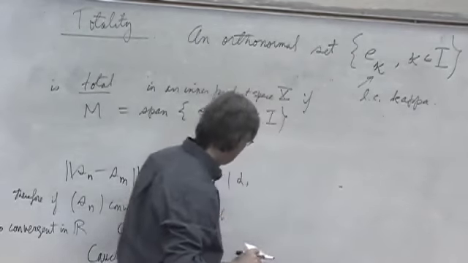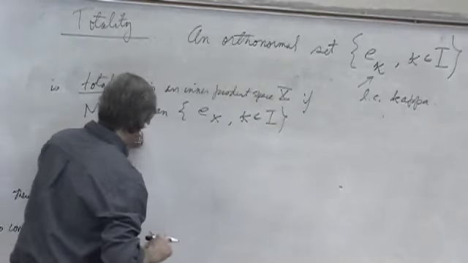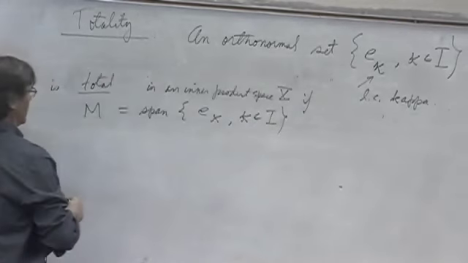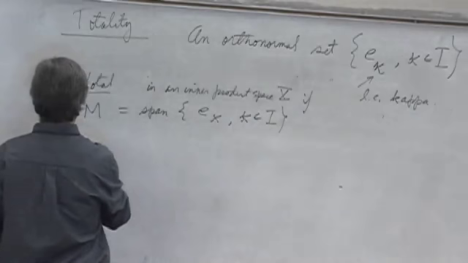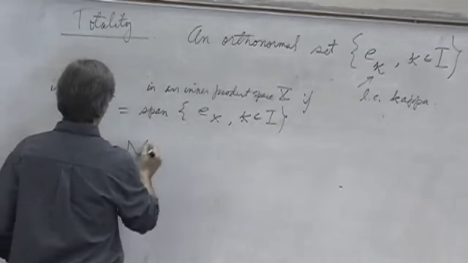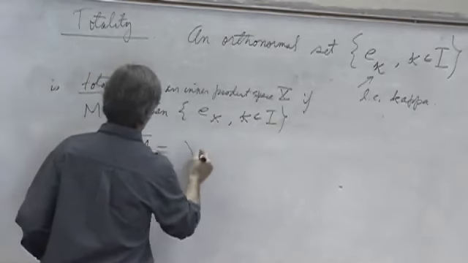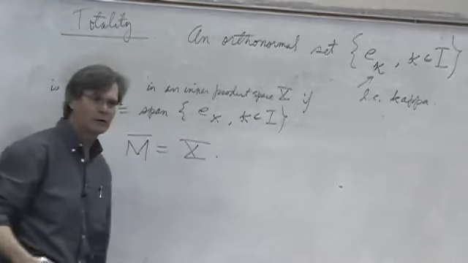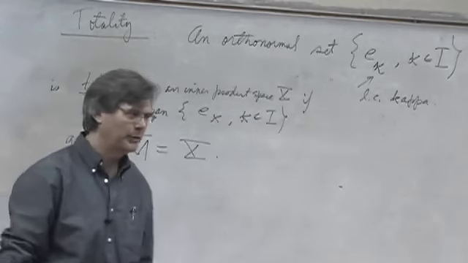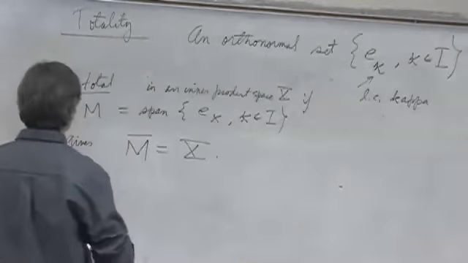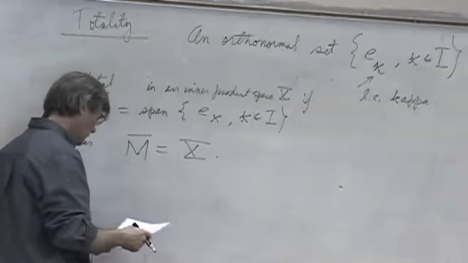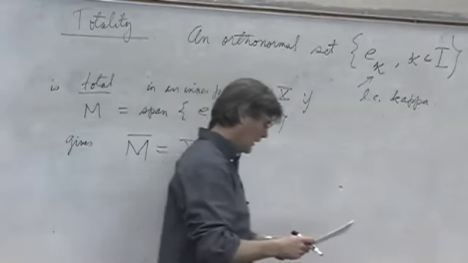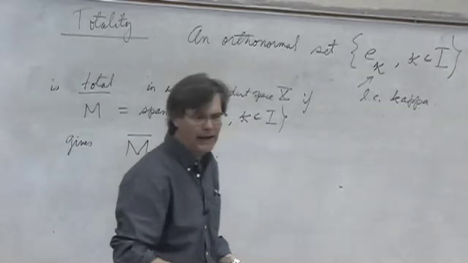Take all possible finite linear combinations, and now close it up. If M bar equals X. In other words, if the closure of the linear span of these elements is the whole space. Okay. And then we're going to have a theorem about that.